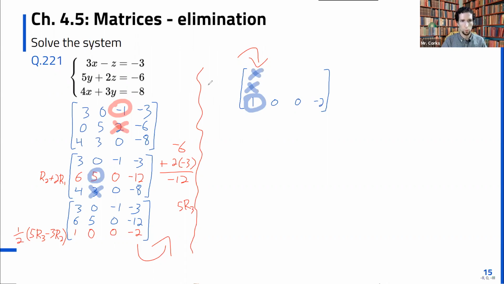Okay, so row 2 minus 6 row 3 would be one of them. And our other operation? Row 1 minus 3 times row 3.